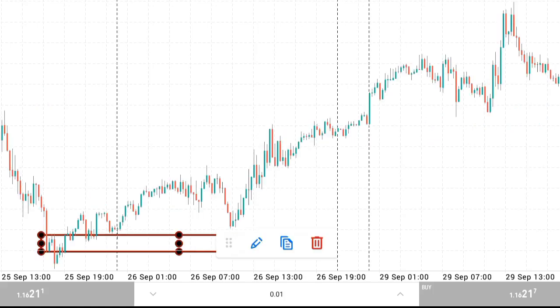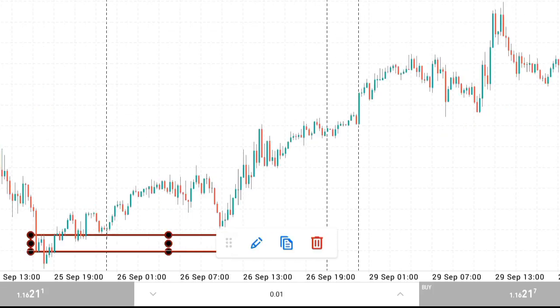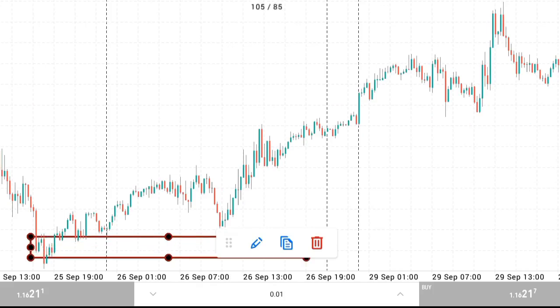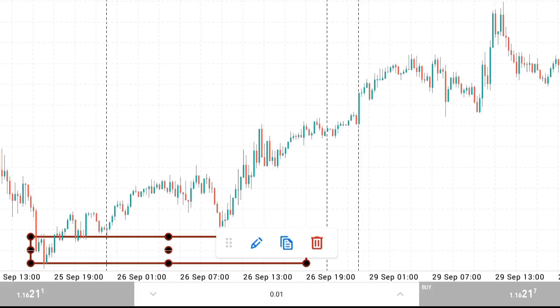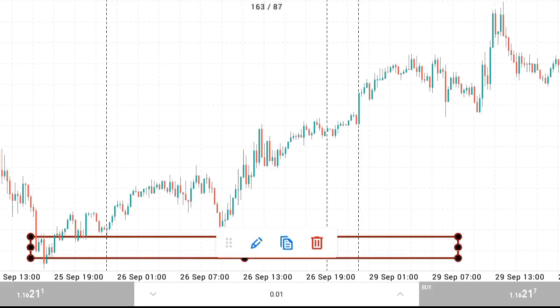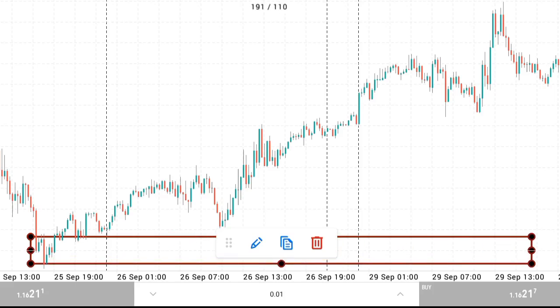Let me increase a little bit. Okay. Yes, look at it. Now, this is an area of what? An area of support. Look at it. It's an area of support.